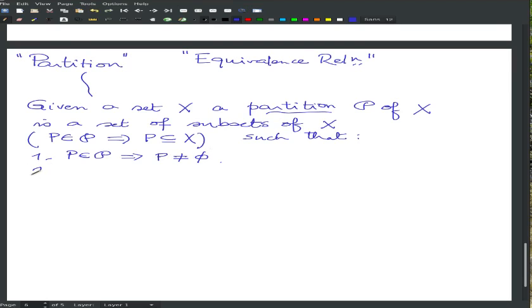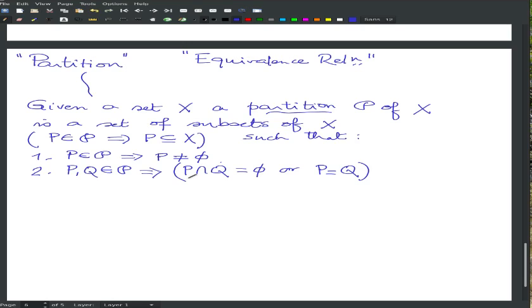Number 2, if you take any two members, then either they are disjoint or they are the same. So there can be no question of a partial overlap.